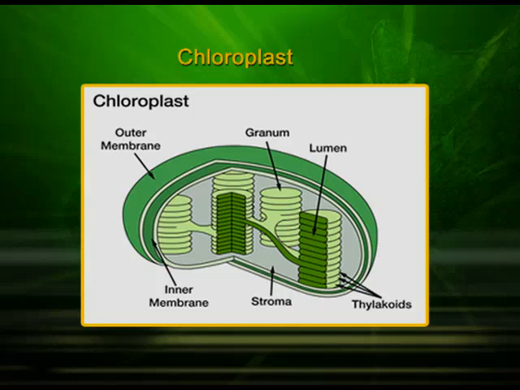In the chloroplast, there is a very clear division of labor, which part will do what. The membranous part, the lamellae, helps in trapping light, bringing light in, and using it for the production of ATP and NADPH.